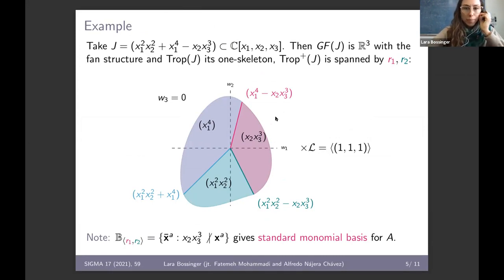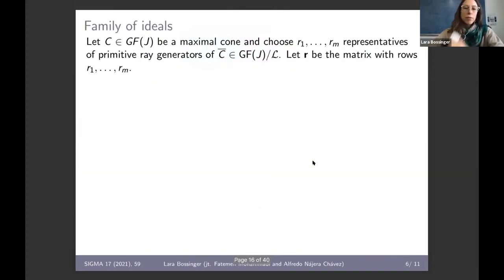And the way to do that is simply by introducing one more parameter and homogenizing all the equations with respect to the weight vector. So we can do this for several points in the Gröbner fan at the same time.